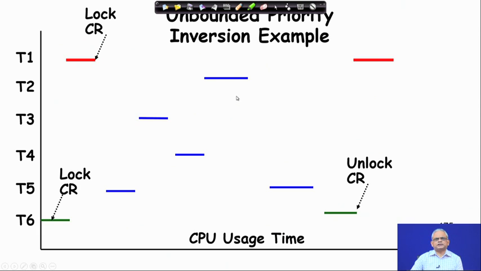So, the task T1 has undergone multiple priority inversions, and in the worst case T6 may never get CPU and T1 may get unbounded priority inversion, where we do not know how many inversions it will undergo.